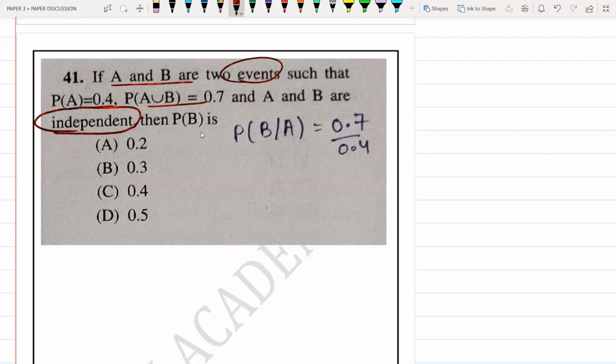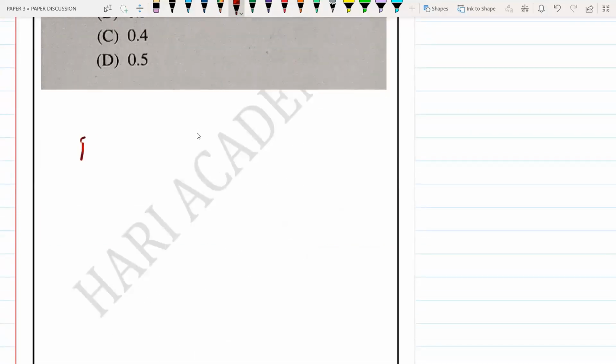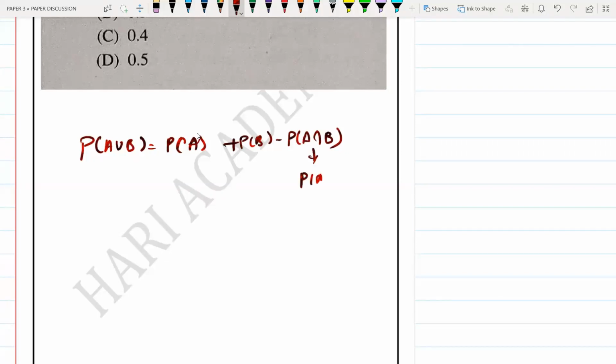Whenever it is independent, the formula will be P of A union B is equal to P of A plus P of B minus P of A intersection B. Whenever it is independent, we will write this as P of A into P of B. This will remain P of B, this will remain P of A, equal to P of A union B.